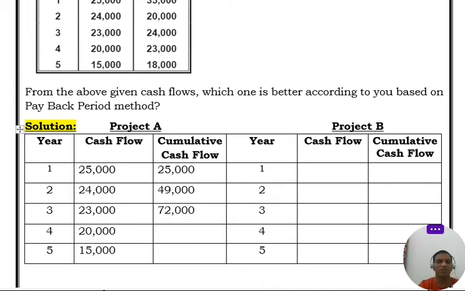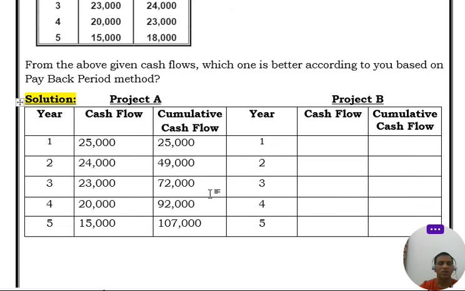Cumulative cash flow of fourth year means year 1 plus year 2 plus year 3 plus year 4, that is 92,000. Cumulative cash flow of the fifth year is the total of the 5 years: 25 plus 24 plus 23 plus 20 plus 15, that is 107,000. So the cumulative column is ready.